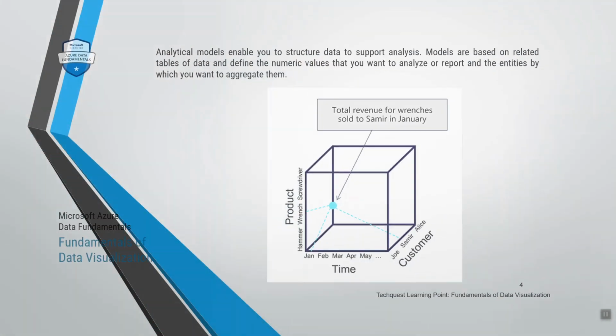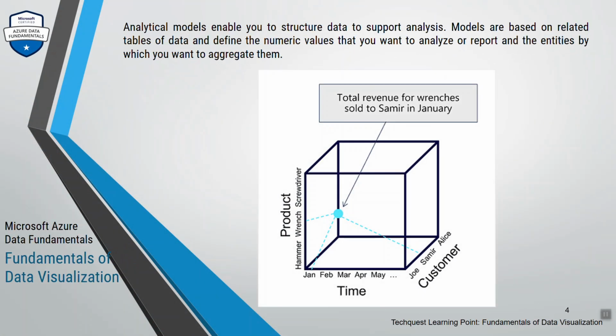Analytical models enable you to structure data to support analysis. Models are based on related tables of data and define numeric values that you want to analyze or report, known as measures, and the entities by which you want to aggregate them, known as dimensions.